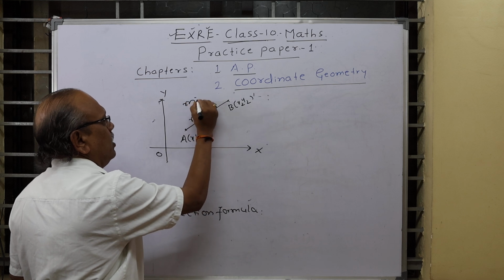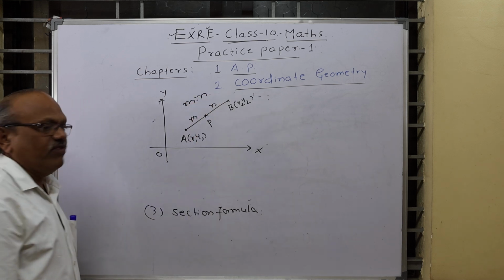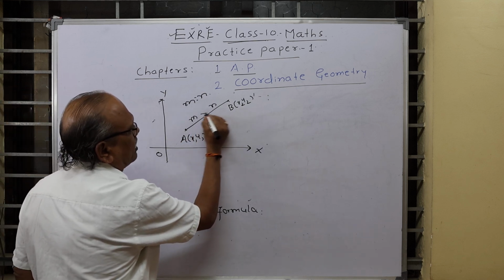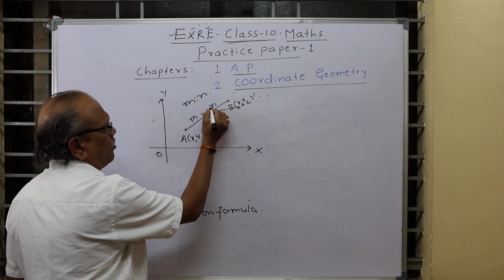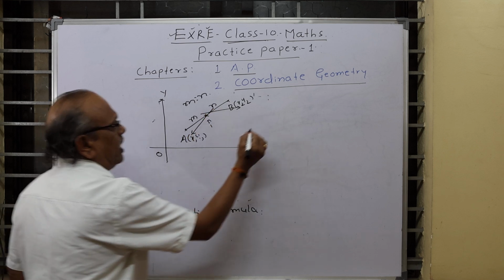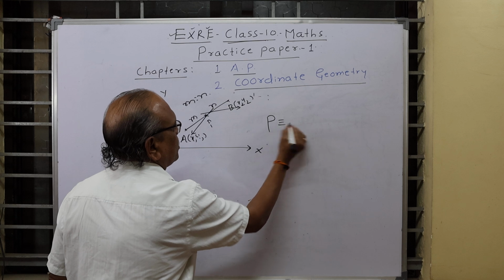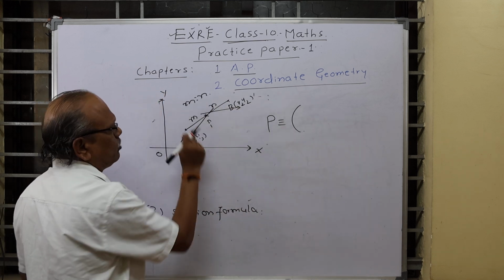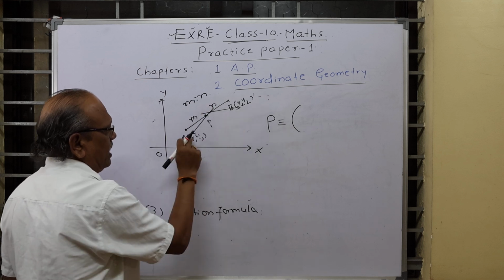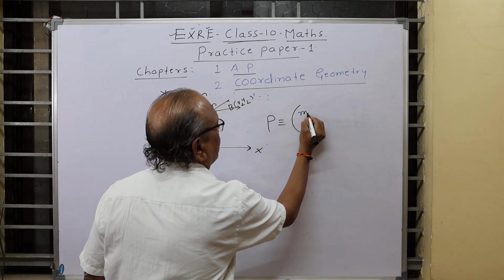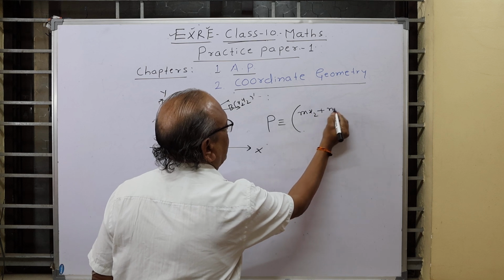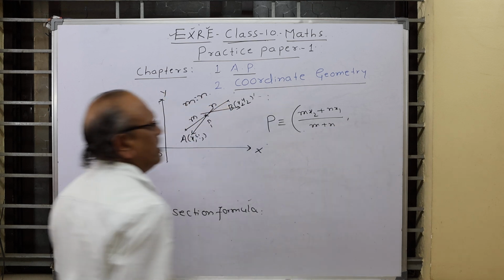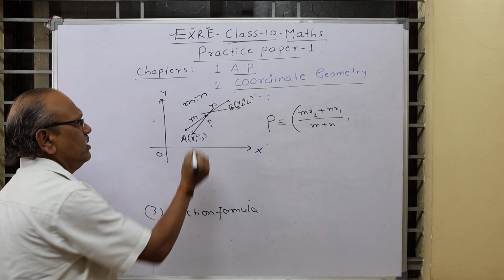Then the section formula can be reproduced like this: you multiply m with x2 to get the x coordinate of the section point, and n with x1. This technique is very easy to remember. It is (m x2 plus n x1) upon (m plus n). This is called the section formula for internal division.